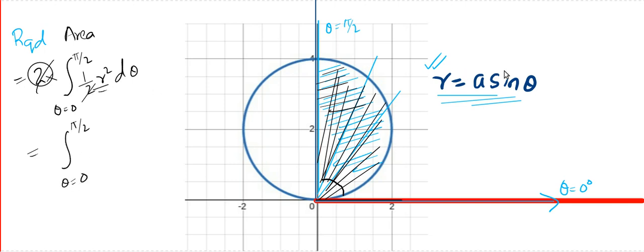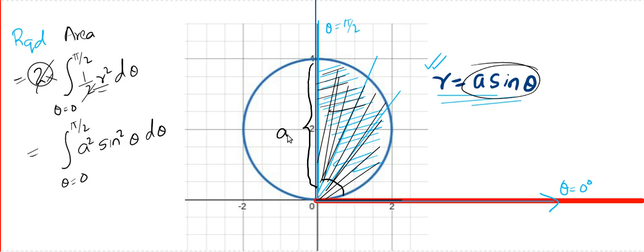What is the r value? a sine theta. So that will be a square sine square theta d theta. And please remember, in this equation, a will be the diameter, and that means a by 2 will be the radius. Anyway, we have a shortcut to evaluate this.